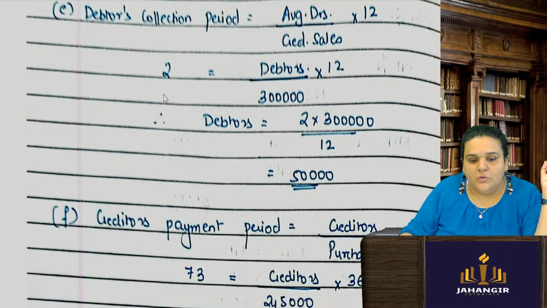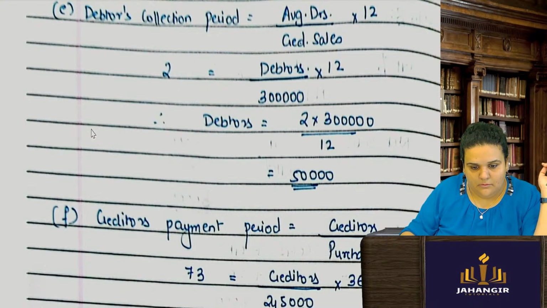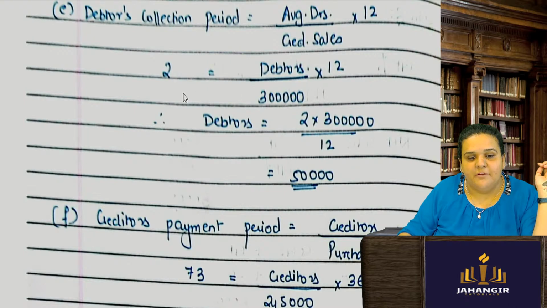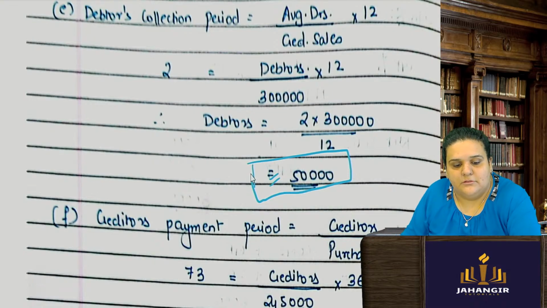So debtors collection period is 2. If I have to find my debtors, I will multiply 2 by 3 lakhs, divide by 12, 50,000. Average debtors or debtors, one and the same thing for this sum. So my debtors will now be 50,000.